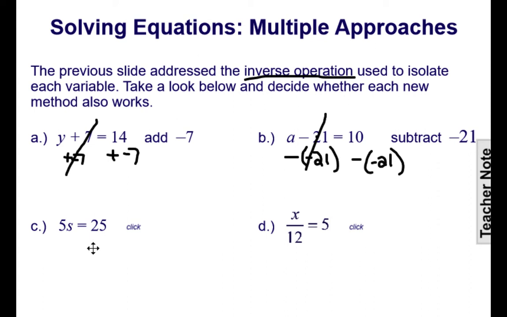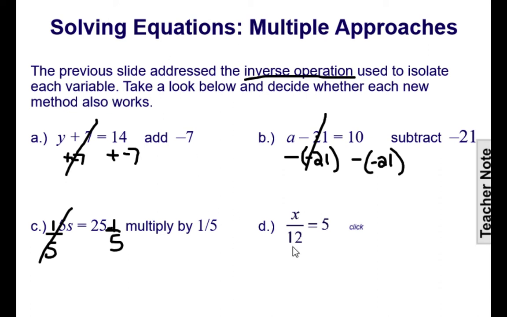With 5s equals 25, we were dividing by 5, but we could also multiply by 1/5. Let's see. If I multiply by 1/5, 1/5 times 5 is 1, and that essentially cancels out. So I can multiply by 1/5 on both sides to get the variable by itself.